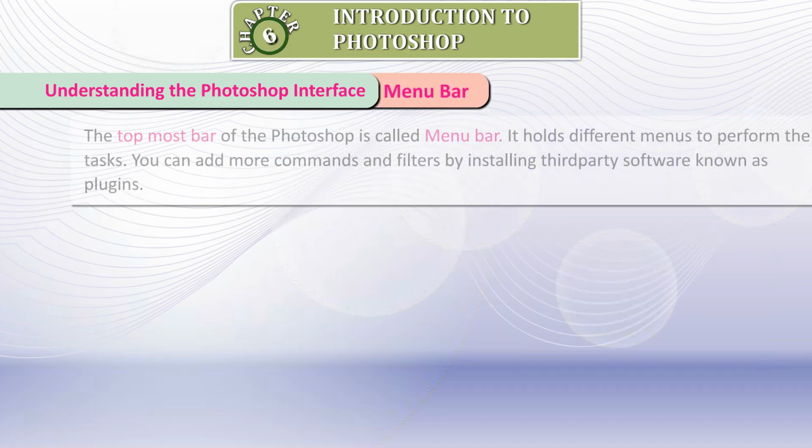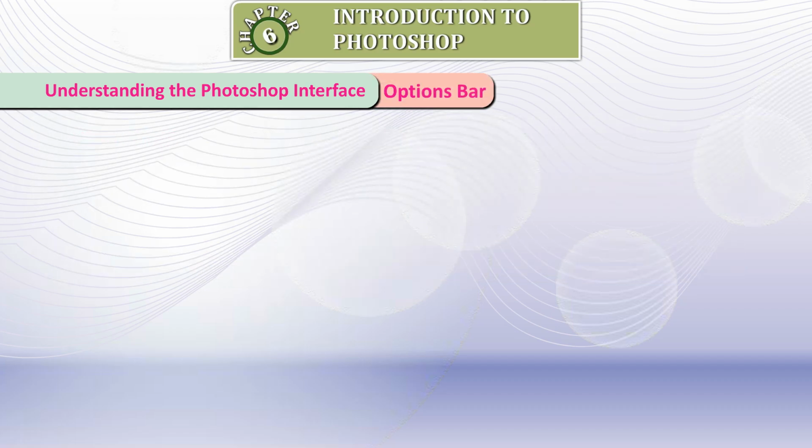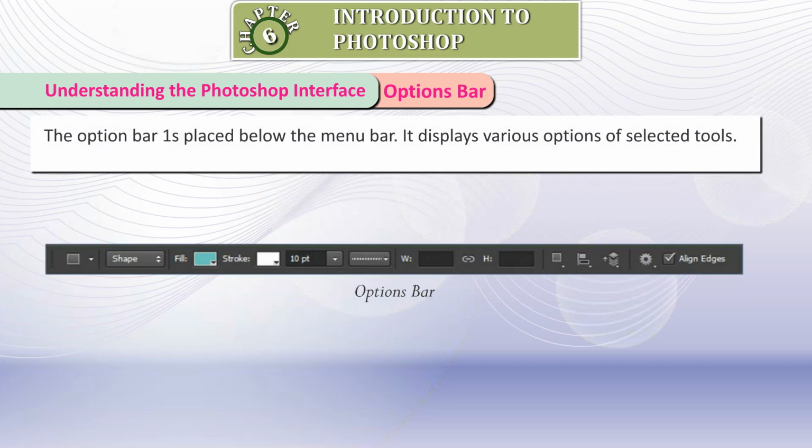Menu bar. The topmost bar of Photoshop is called the menu bar. It holds different menus to perform tasks. You can add more commands and filters by installing third-party software known as plugins. Option bar. The option bar is placed below the menu bar.